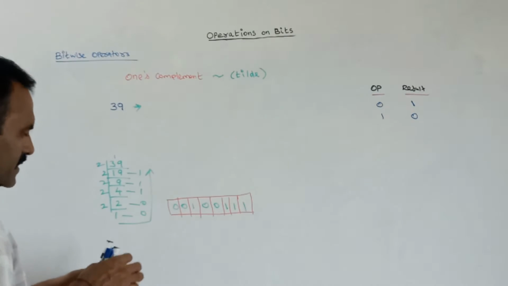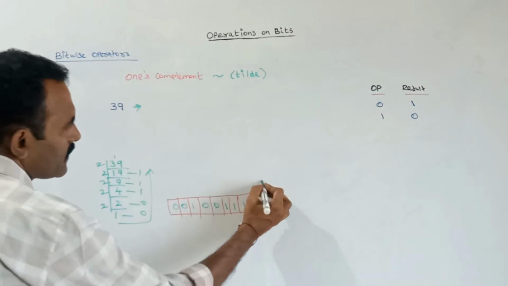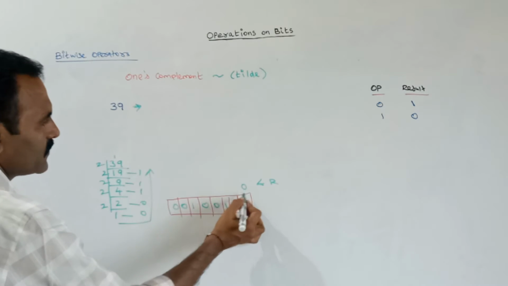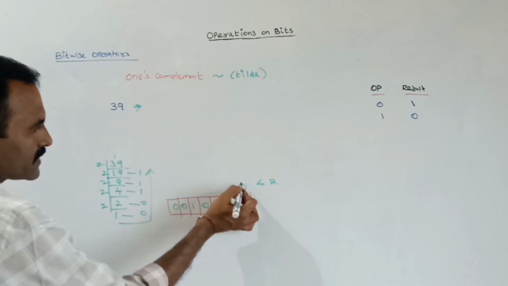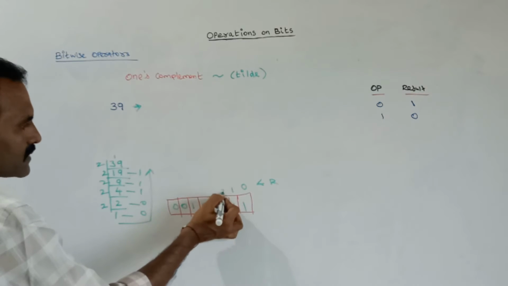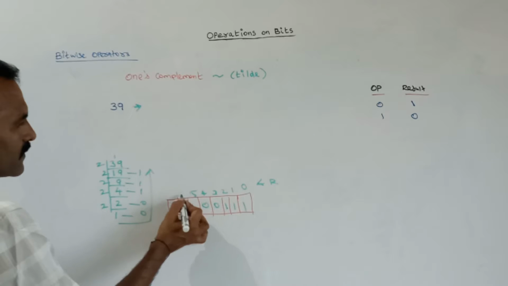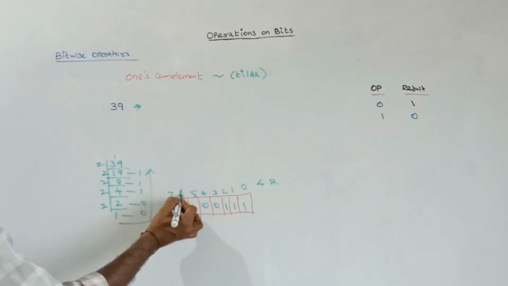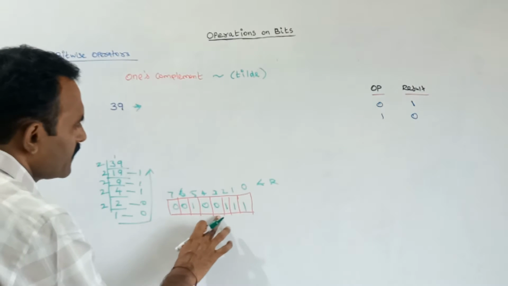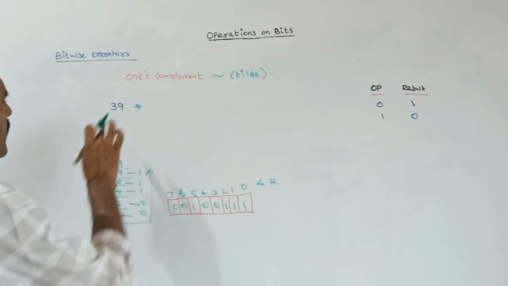Among the 8 bits, it starts from the right side: this bit position is 0, the next bit location is 1, next 2, 3, up to 7, totally 0 to 7, 8 bits. These are the binary values of number 39.